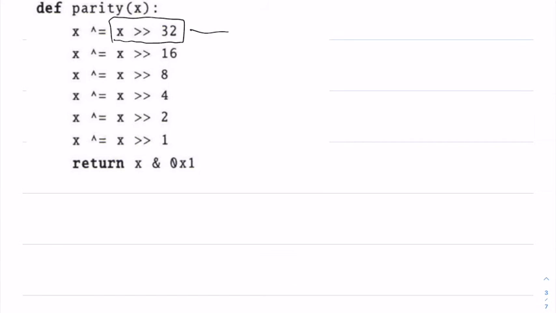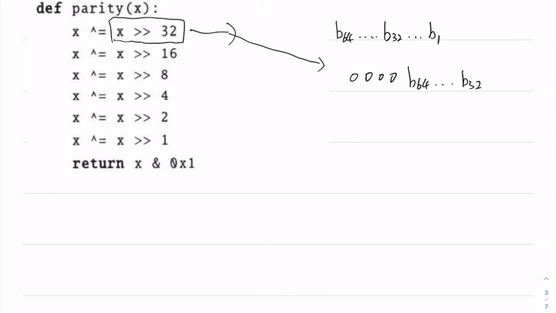So say this is the binary number, and each b represents a 1 or a 0, so each place in the binary number. After this operation, everything here is filled with 0.